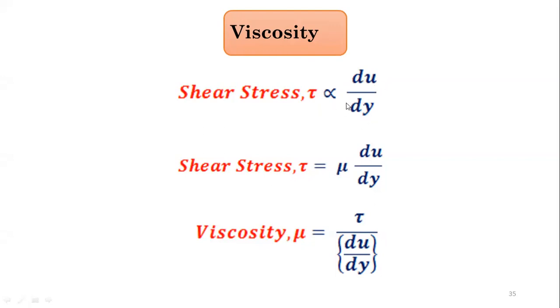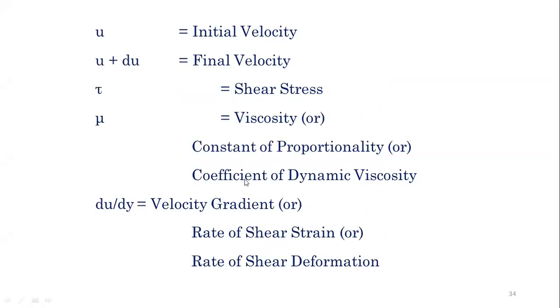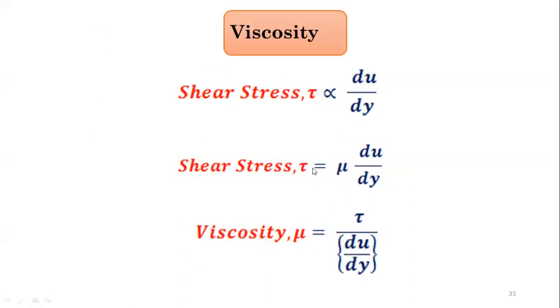So to remove this proportionality, we are going to keep one coefficient, the constant of proportionality. We are keeping that as mu, not tau, mu. So shear stress tau equals mu into du by dy.